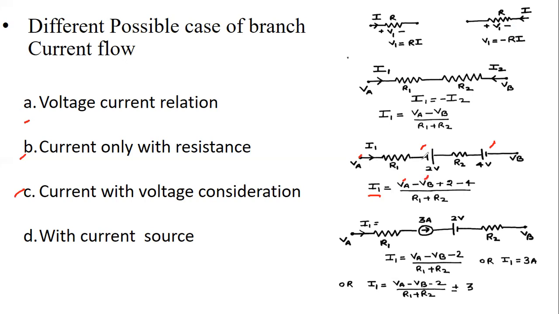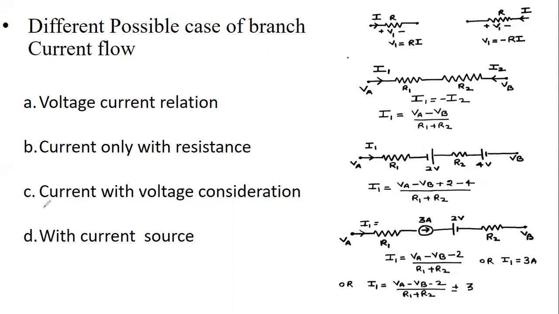And in the current direction, if you find a negative sign, consider it as plus, and if you get a positive sign, consider it as minus. So the potential difference is VA minus VB plus 2 and minus 4, divided by resistance R1 plus R2. So this is my third case.